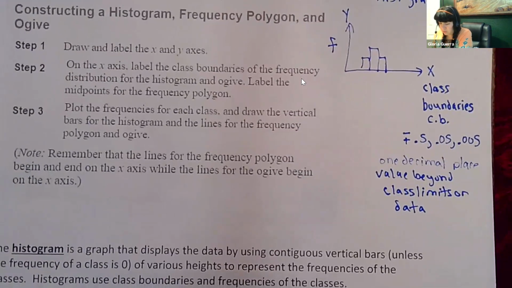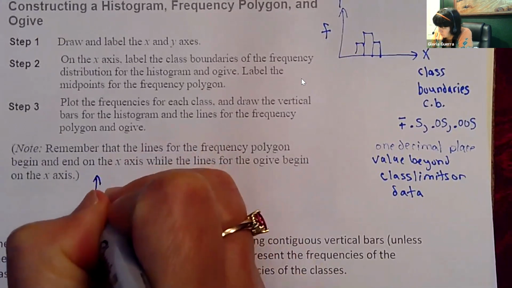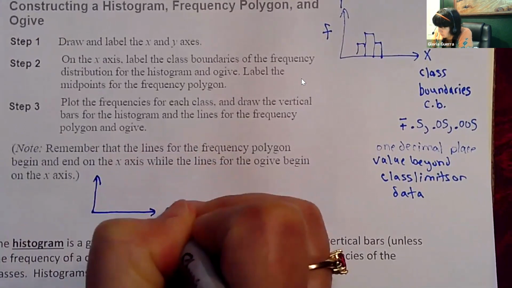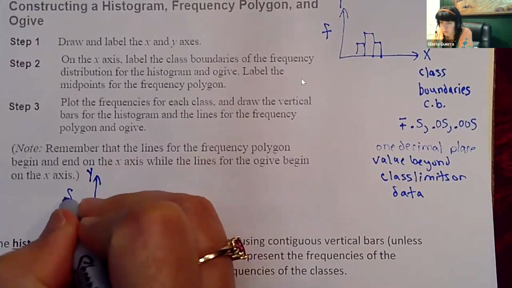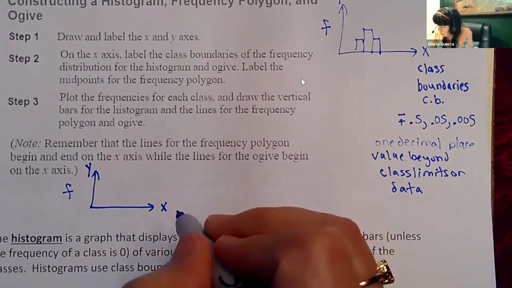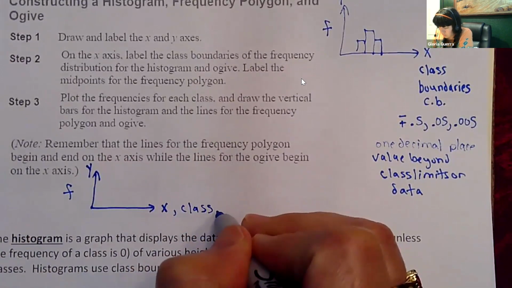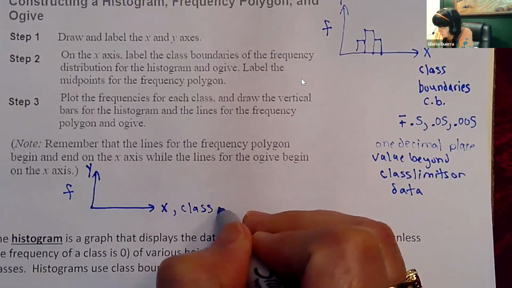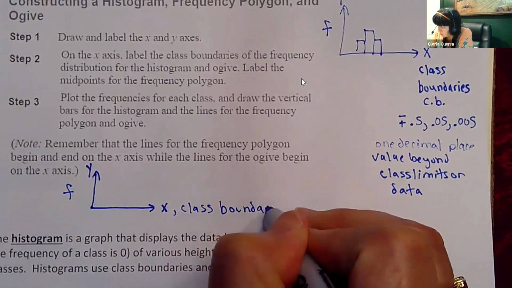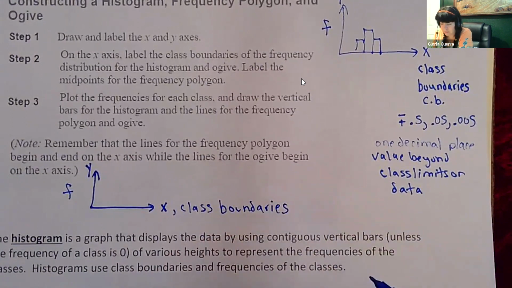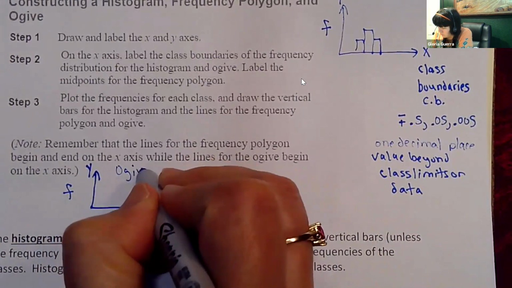Now if I do a little sketch for the ogive, I'm going to put that right here. I'm also going to put an x-axis and a y-axis. You're still going to have your frequency along the y-axis, but on the x, I'm going to leave that as class boundaries. And this is called the ogive.